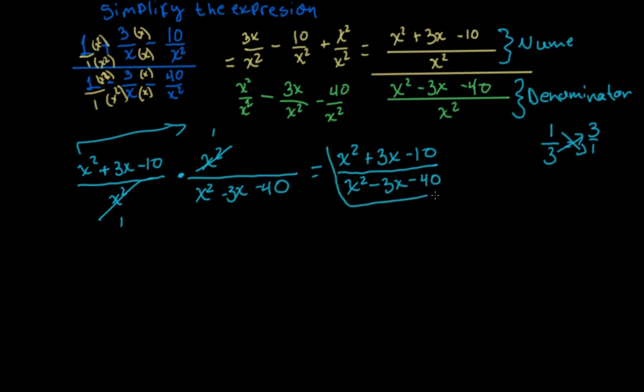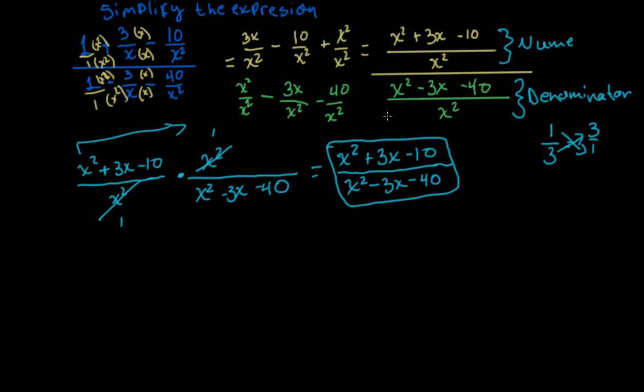All right, so this could be one answer, but is this simplified? Are we done simplifying this thing? Well, we can try factoring. We're going to try to factor this and see if we can cancel some factors, because this is a fraction.